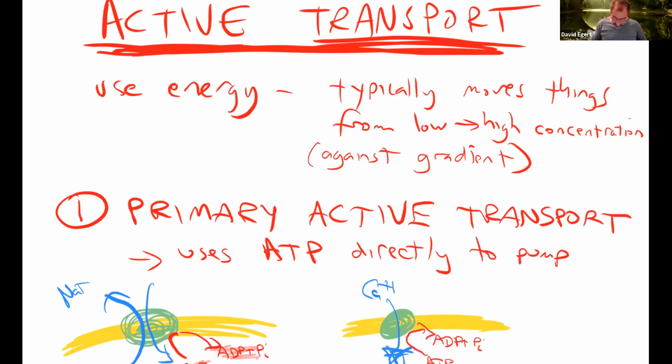Let's say there's already a lot of calcium in here, not much here. Calcium does not want to move in, but you can drive it in using the energy of ATP using this pump. So this idea, primary active transport, you use ATP directly.